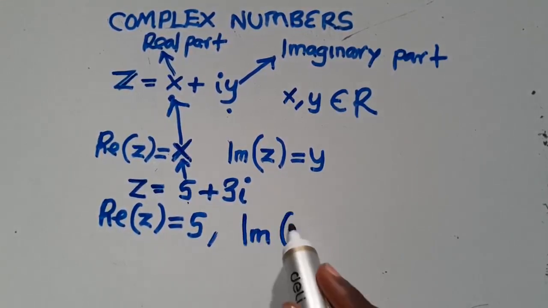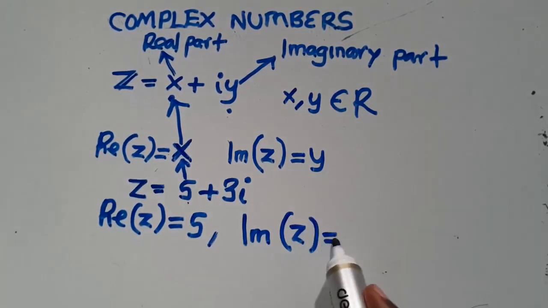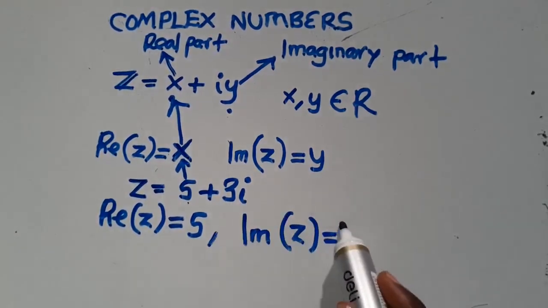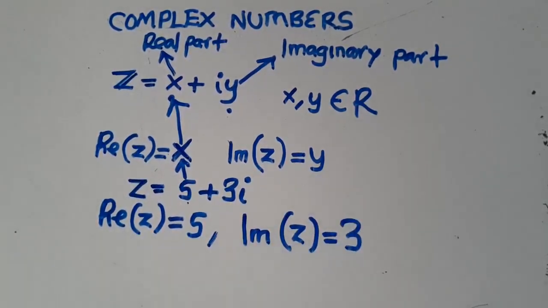What is the imaginary part of z? You just say 3. So we've discussed the real part and the imaginary part of a complex number. These are simple things to remember, even in an exam.